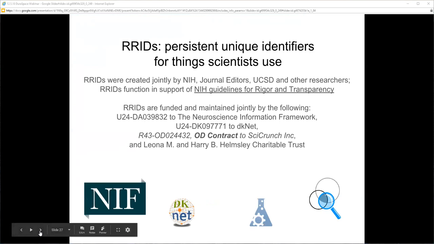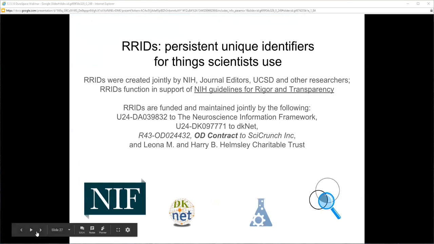So RRIDs are the identifiers that we have, in a sense, created out of a lot of working group decisions out of the National Institutes of Health. The journal editors were involved with all of the creation of this particular identifier system.